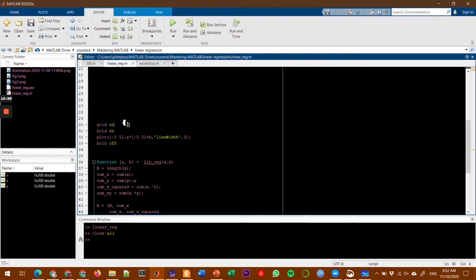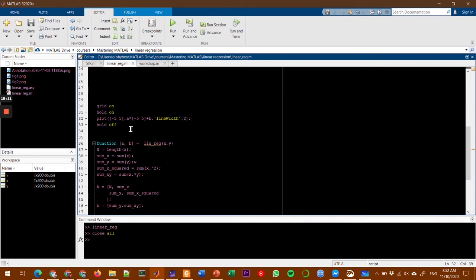What it does is plot the data first, with grid on. Then hold on is just for plotting. So I plot the original data first.